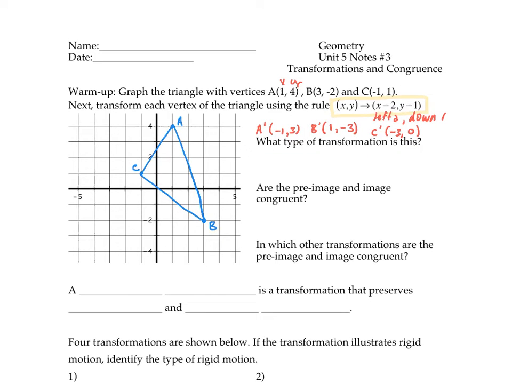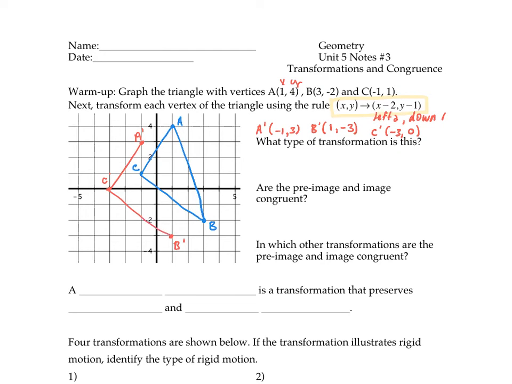So if you take a minute and plot those 3 points, we see A prime is at negative 1, 3. B prime is at 1, negative 3, and C prime is at negative 3, 0.